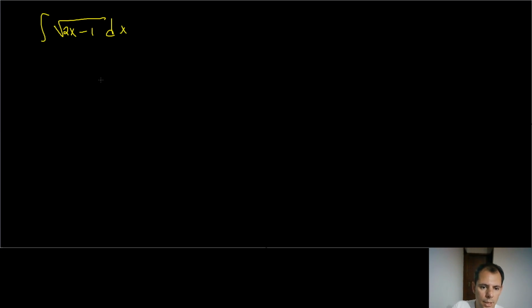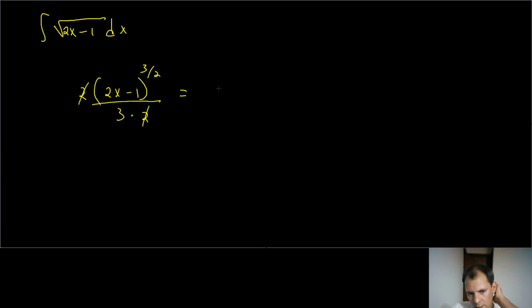So let's do this. It's going to be 2x minus 1 to the half, right? So half plus 1, 3.5, divided by the 3.5, which is 2/3, divided by the derivative of the inner function, which is 2. So times 2 in here. So you simplify this 2 with this 2, you're left with this.